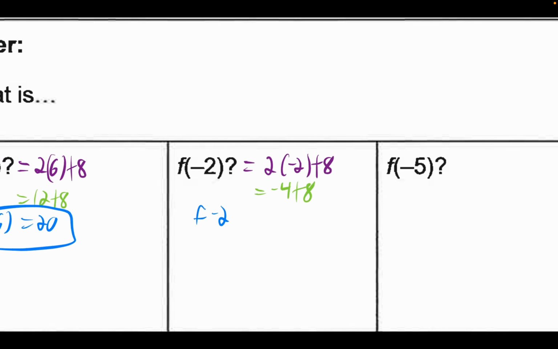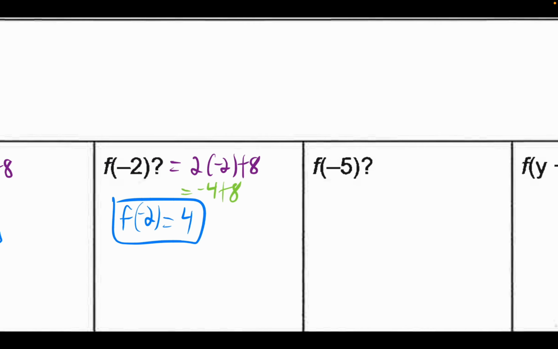So f of negative 2 is 4. F of negative 5 is 2 times negative 5 plus 8, which is negative 10 plus 8. So f of negative 5 equals negative 2.